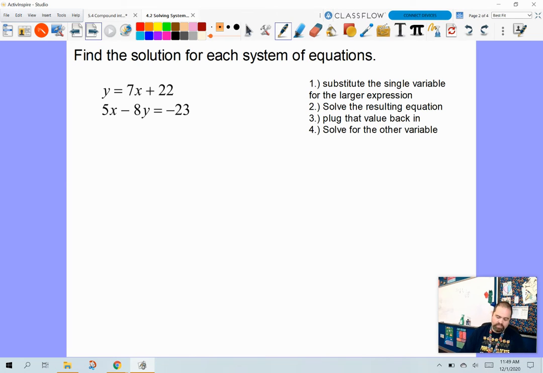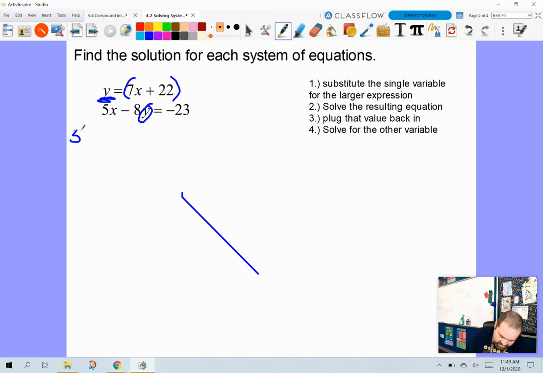What I mean by that is, this top equation says I've got a single y variable equal to this bigger chunk on the right, 7x plus 22. So in my second equation, I can remove that y variable and slide in that bigger chunk of 7x plus 22. So I'm going to do that.